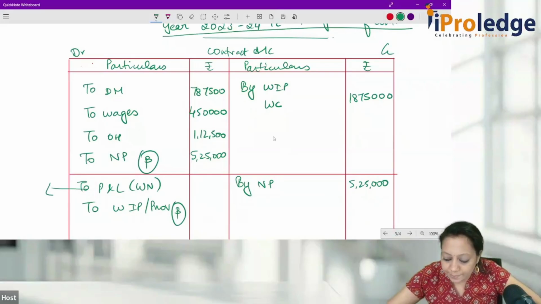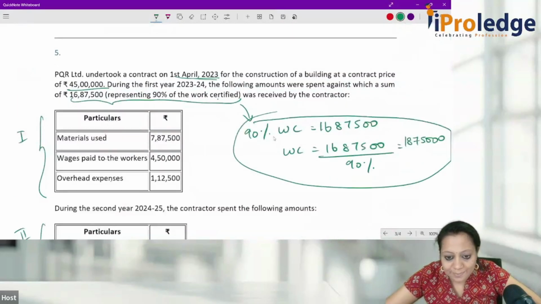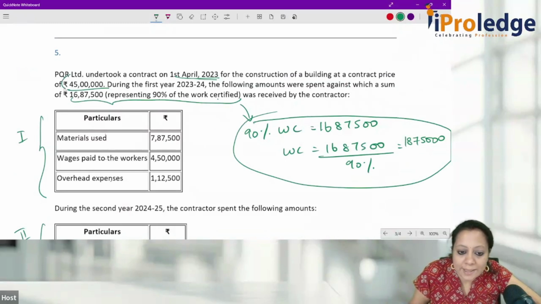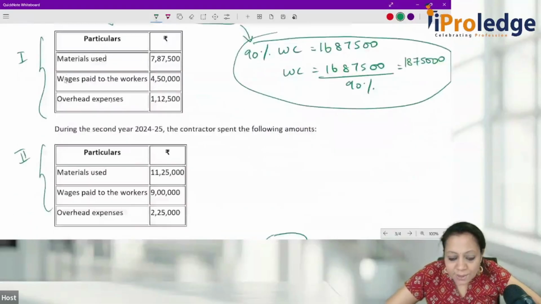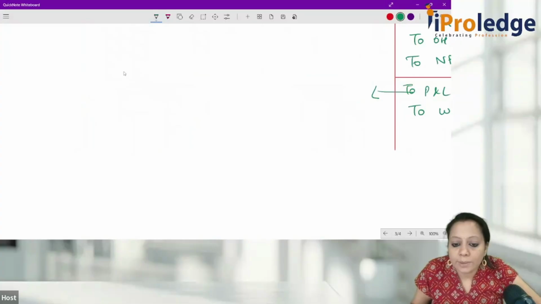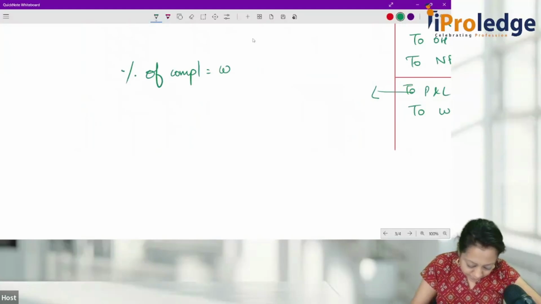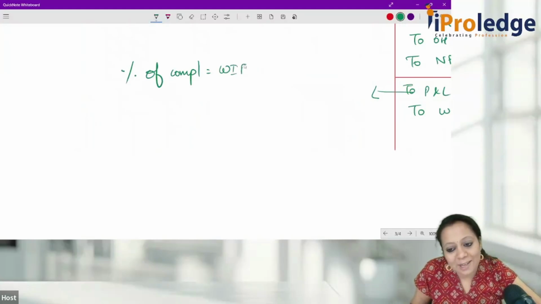Contract price is given here in the second line of the question, that is 45 lakhs. We all know that percentage of completion is equal to WIP divided by contract price.